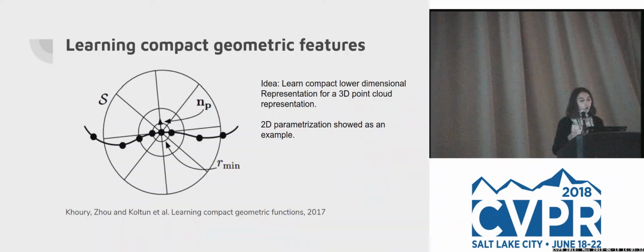So Khoury, Zhou, and Koltun recently came up with this nice, interesting approach in which they take 3D point clouds, and for each point in this point cloud, they build a high-dimensional 3D representation, and they learn in an unsupervised way a lower-dimensional compact feature representation, which can be used for other tasks.